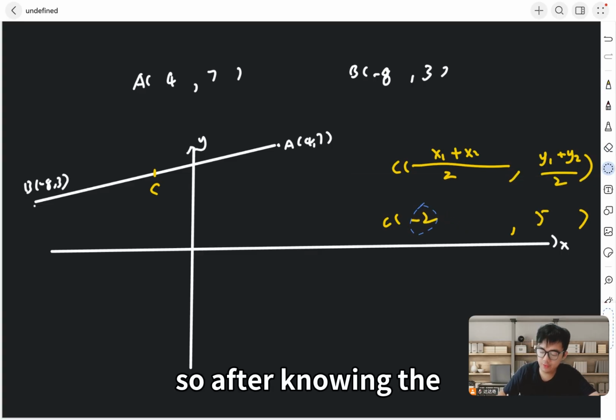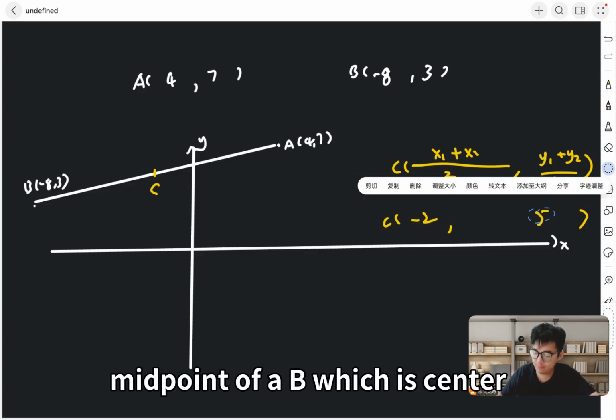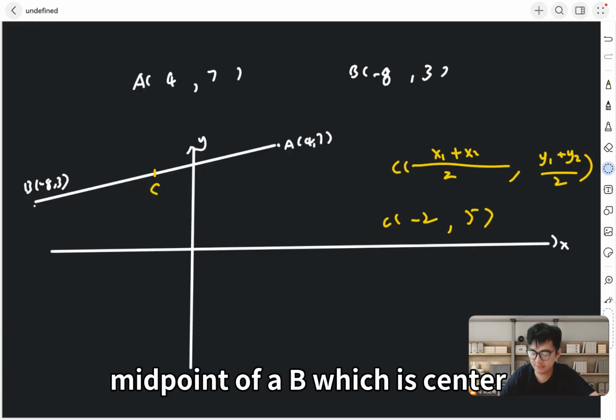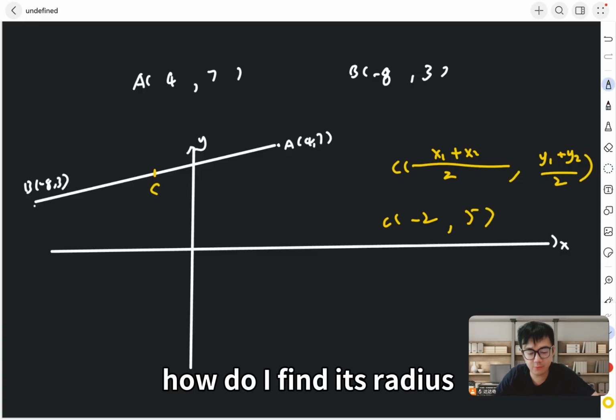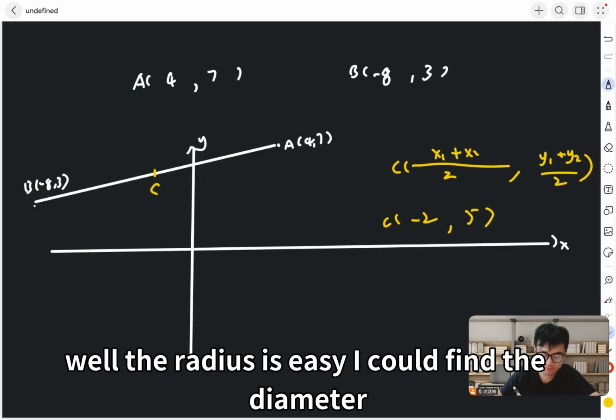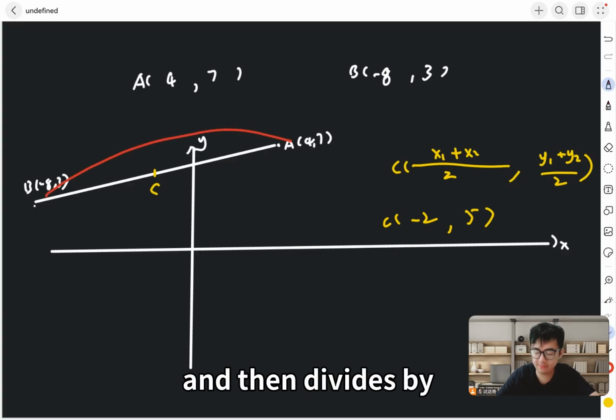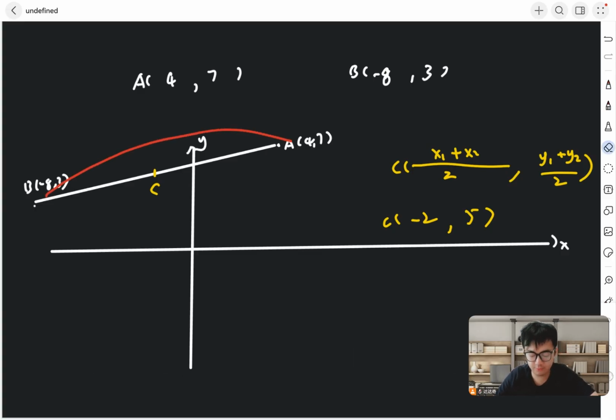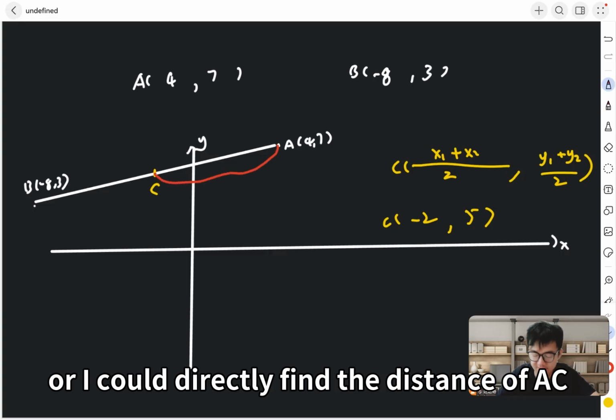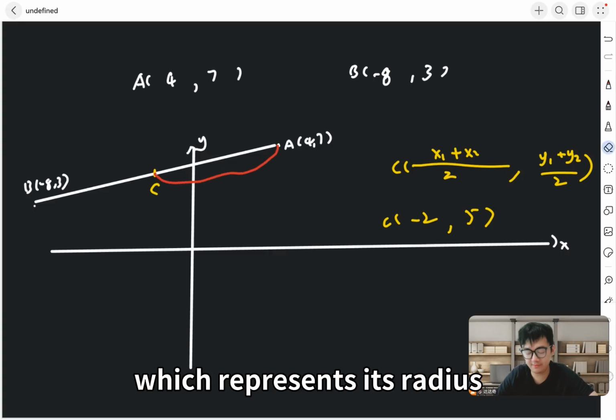After knowing the midpoint of AB, which is the center, how do I find its radius? Well, the radius is easy. I could find the diameter and then divide by 2, or I could directly find the distance AC, which represents its radius.